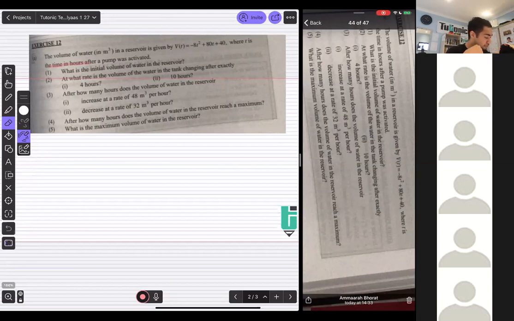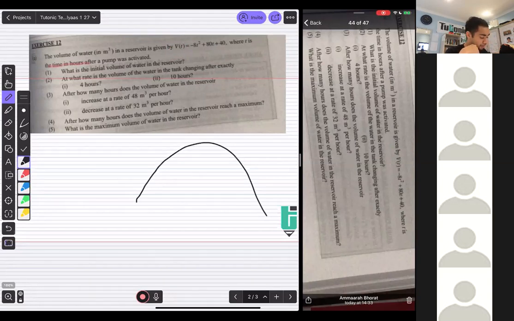Right. So even though this is a parabola, the domain is not going to be x is an element of the real numbers. Do you guys understand in this graph? Because in this graph the domain is T. Time cannot be any real number in this graph.